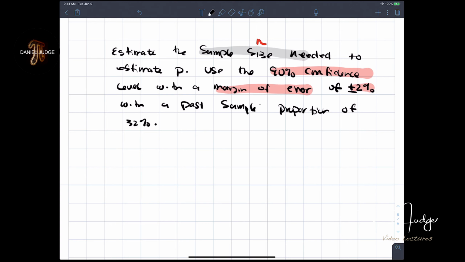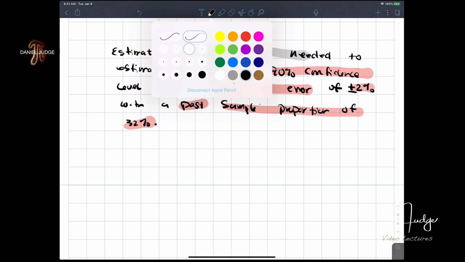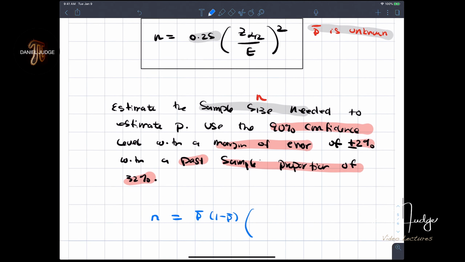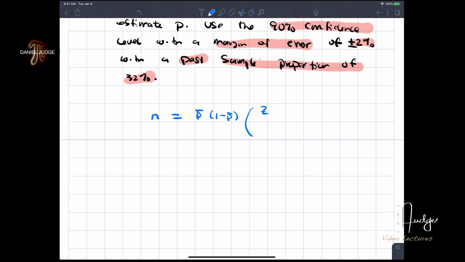And they gave me a past sample proportion of 32%. So since I have past information, the formula for sample size is going to be p hat, 1 minus p hat. Don't forget to put in parentheses, z alpha over 2 over e to the second power.